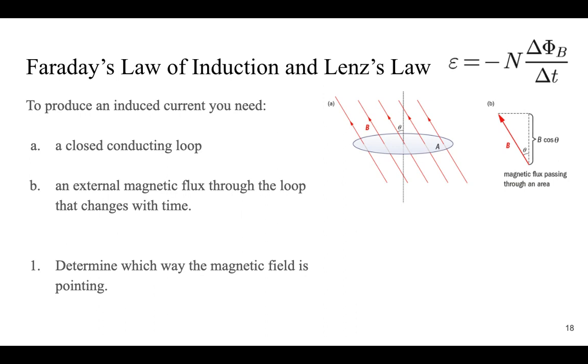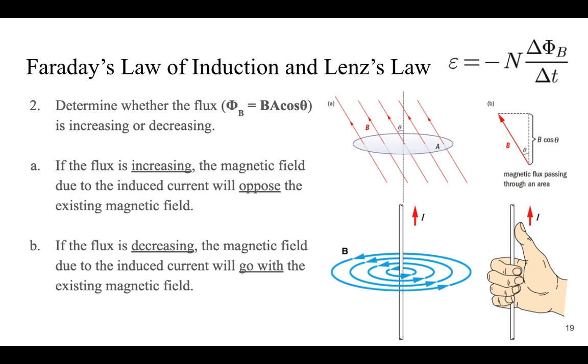So the first thing you're going to do is determine which way the magnetic field is pointing. In this case, our magnetic field is pointing up and to the left. Then you need to determine, this is really the important thing, whether the flux through your loop is increasing or decreasing. Because this is where Lenz's law is going to tell you which way the current's going to go. So if the flux is increasing somehow, the magnetic field due to the induced current is going to oppose the existing magnetic field.